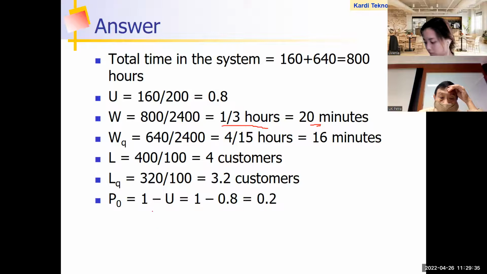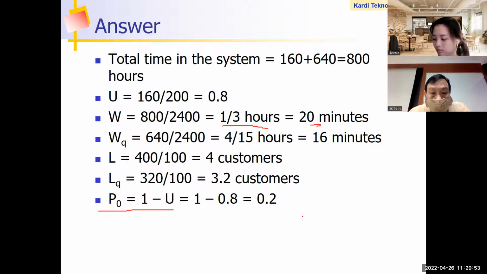So you can calculate everything. P0 is simple, which is 1 minus U, in this case 20%. U is in terms of percentage, correct? Actually, when the server is utilized, that means not idle, right?